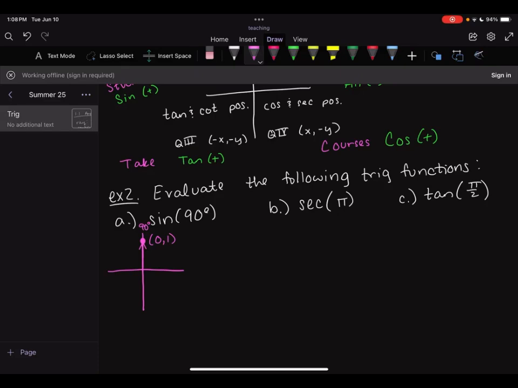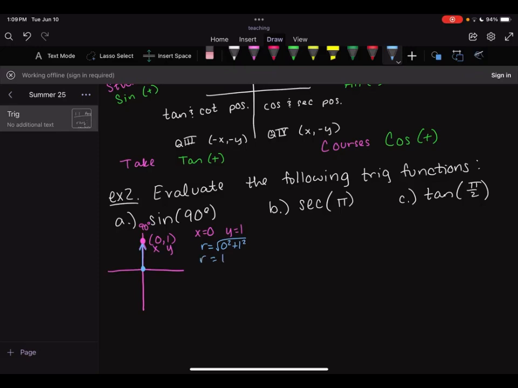So also my y distance is 1. So let me write this for us. I have x equals 0, because that's my x value. I have y equals 1. And then however far out I am from the center, that's my radius. So my radius is also going to be 1. Now we could go solve for it as well. We could do the square root of 0 squared plus 1 squared. I still get 1. So either way you want to think about it.